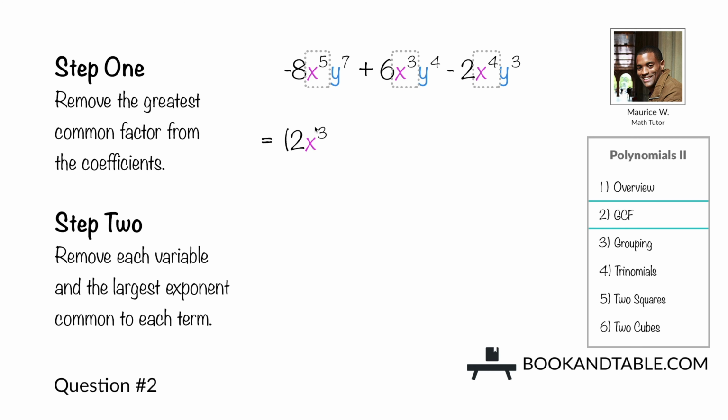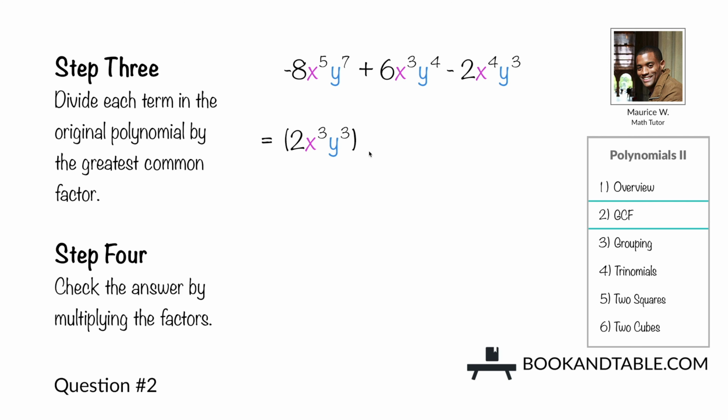So that's part of our greatest common factor. And then y's, we have y to the 7th, y to the 4th, and y to the 3rd. Each term has at least 3 y's. So y to the 3rd is a part of our greatest common factor. So the greatest common factor that we removed is 2x cubed y cubed.